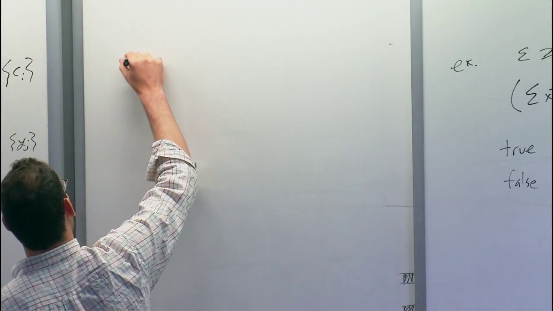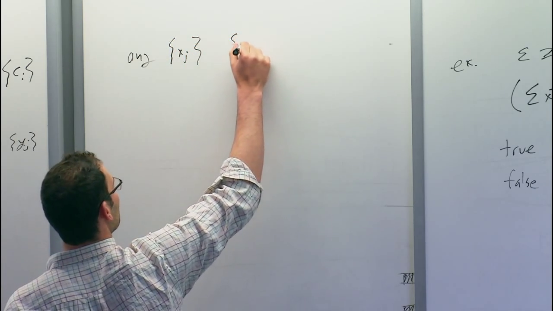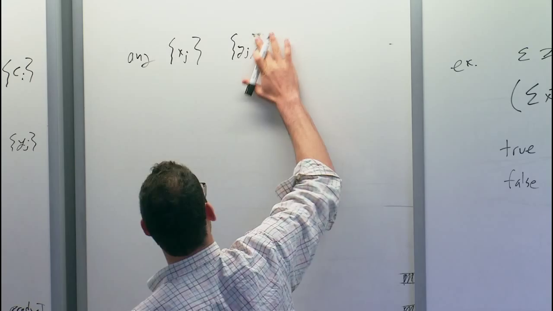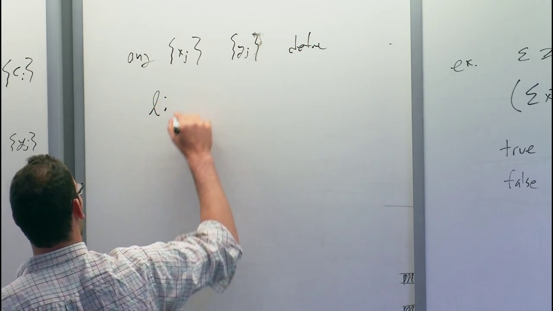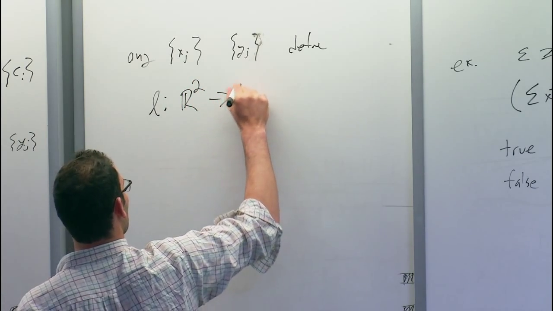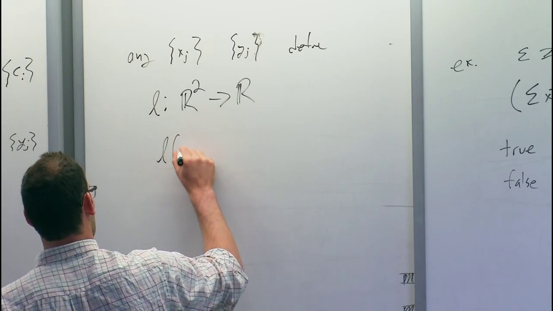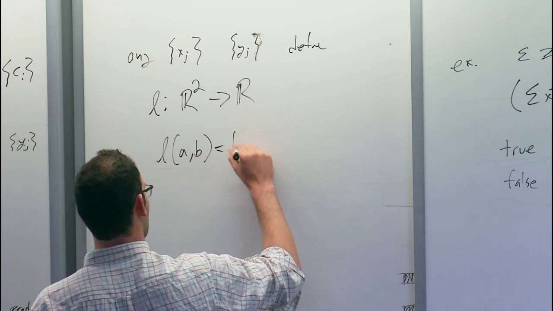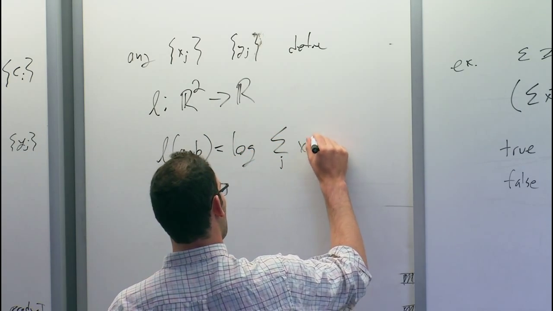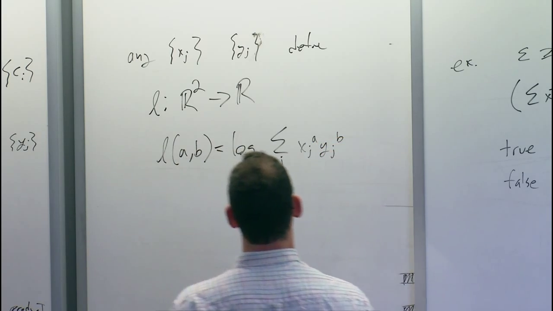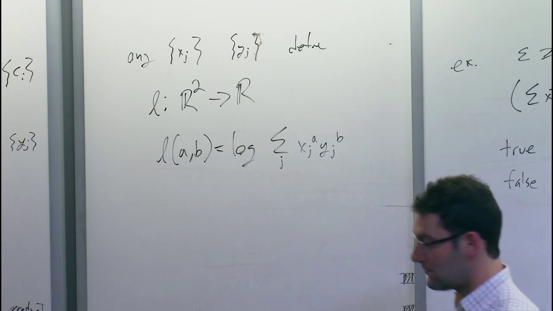I claim that any positive sequences x_j, y_j define some function L, which maps the plane to the real numbers, where L of a comma b is equal to the logarithm of the sum over j of x_j to the a, y_j to the b. I'm defining this function L.